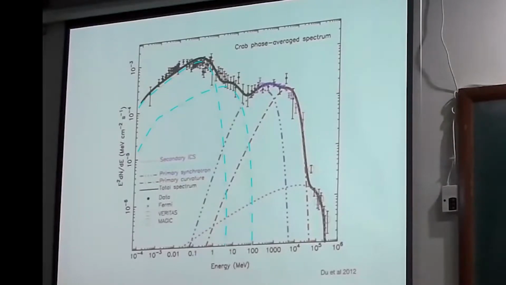So you produce some primary particles by acceleration, then they give rise to a particle cascade, and then secondary generation of particles are produced. So secondary generation of particles will have lower Lorentz factor than the primary generation of particles. So primary synchrotron here, secondary synchrotron here, then there is primary curvature, which is somewhere there, then secondary inverse Compton, and then add it all up, this is the total.